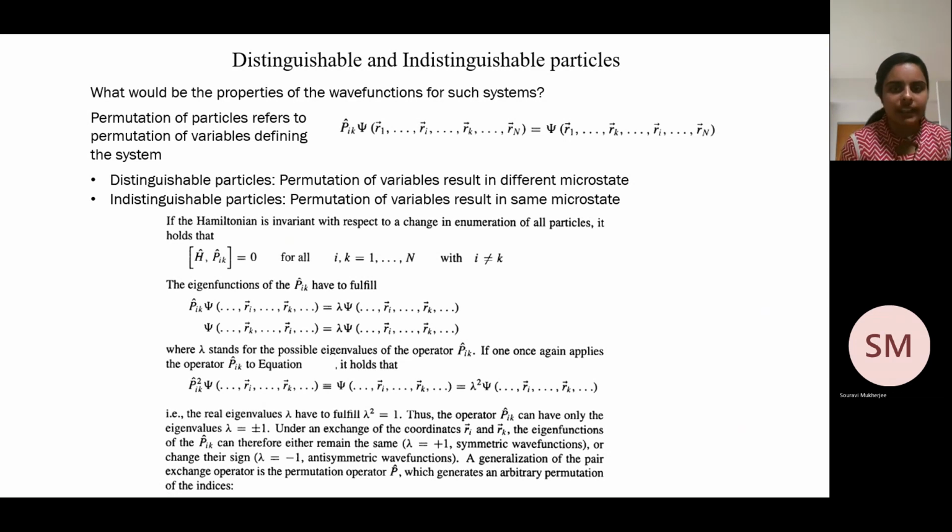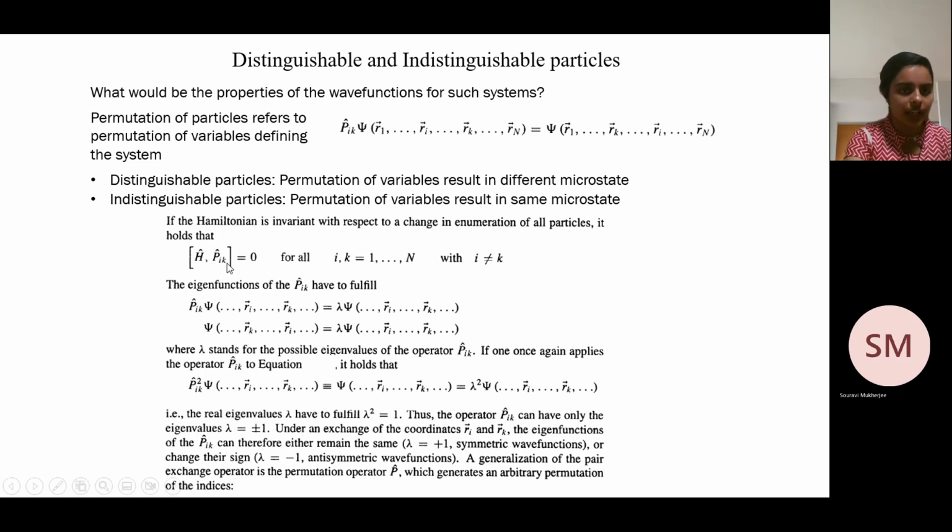When you say that it results in the same microstate, that means on operating the Hamiltonian, it would result in the same value. So if the Hamiltonian is invariant with respect to some change of enumeration of particles, that means this operator Pik commutes with H, the Hamiltonian. And if they commute, we know that they share the same eigenfunctions.